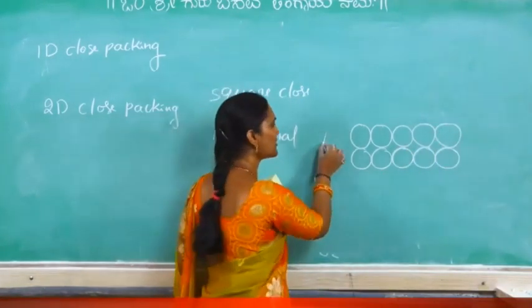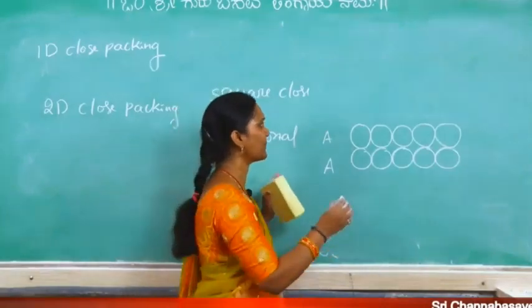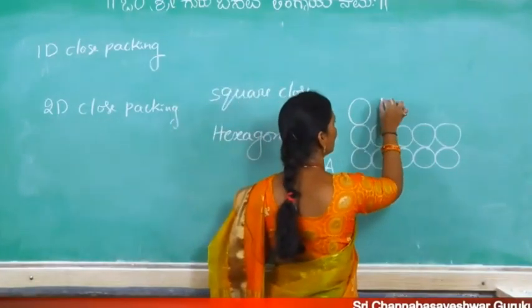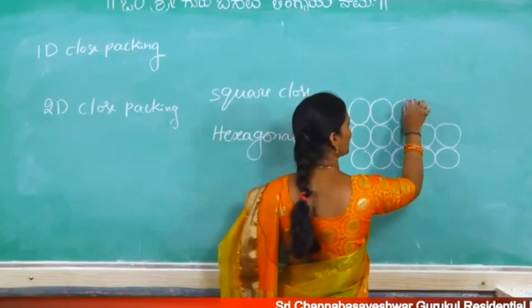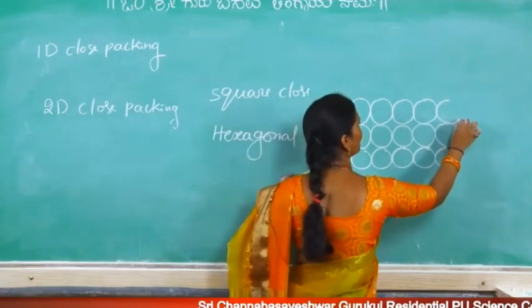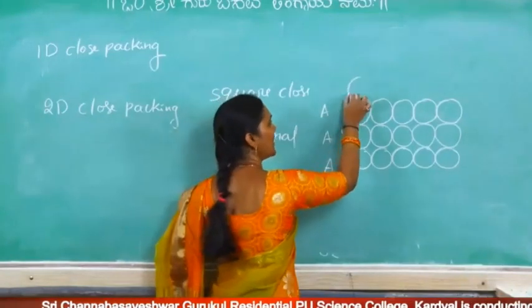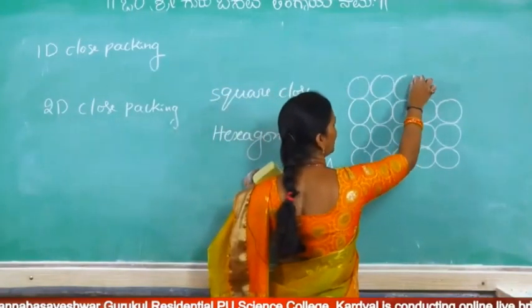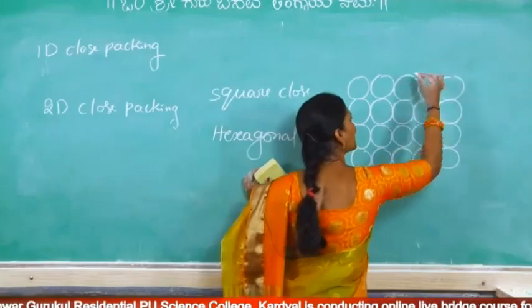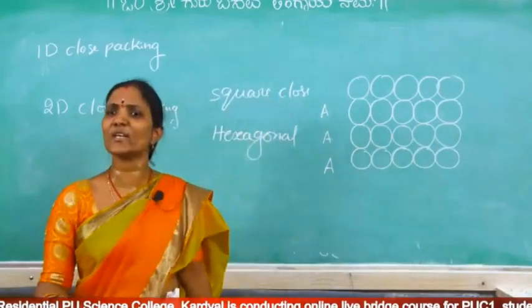Now it is also A. The next layer is also the same A, and the third one has the same arrangement, also A. So the arrangement is AA type. If this AA type arrangement is given, that arrangement name is square close packing.